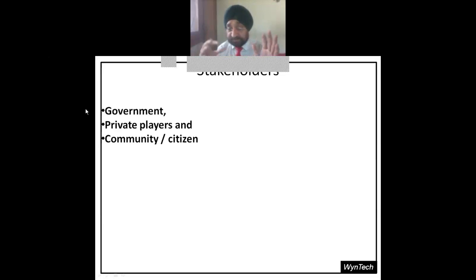And who are the stakeholders? Who are the stakeholders in a smart city? Because whenever we are developing an application, we need to know for whom we are doing it, right? So the government is one stakeholder in the smart city.